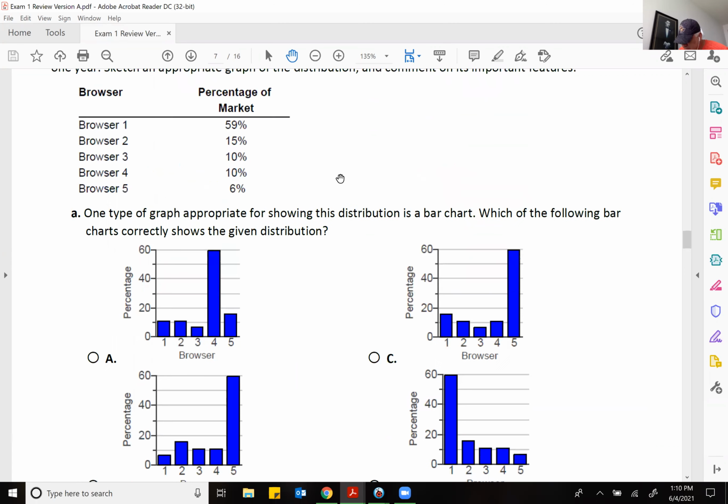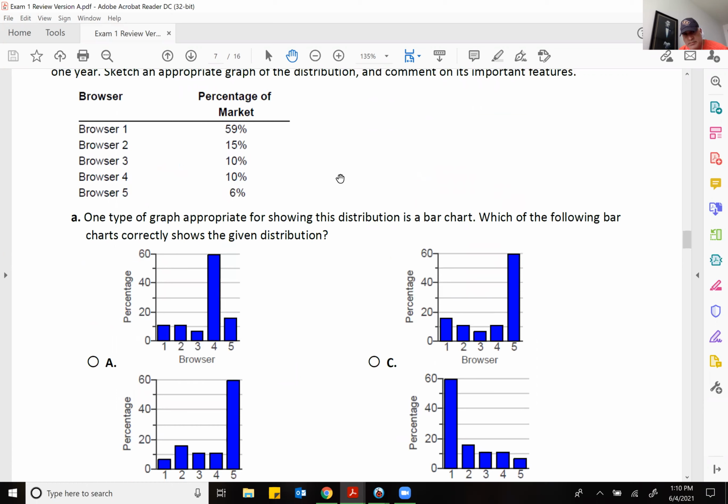Numerical? Categorical. This is categorical because you are separated into different browsers, different companies like AT&T, Google Fiber, things like that. These are different companies, so this is very much categorical, even though it looks numerical in nature because of the kind of coding that you see right here.